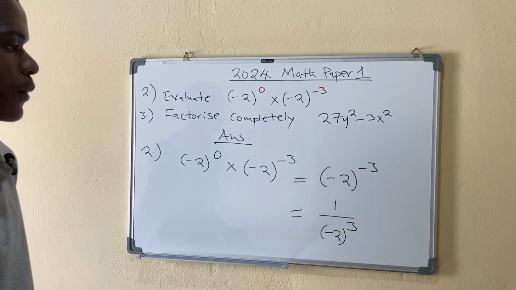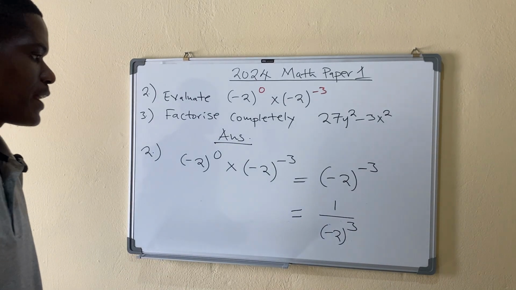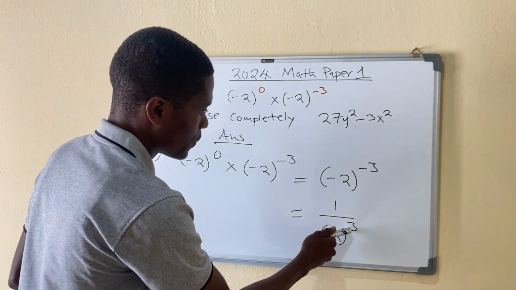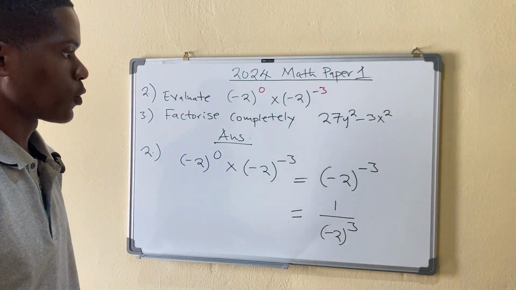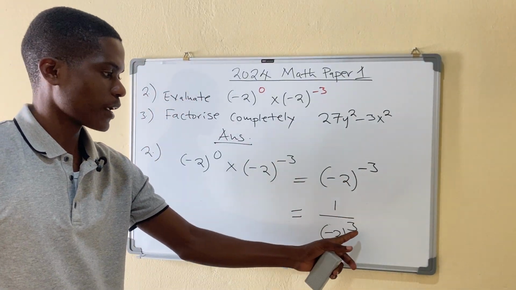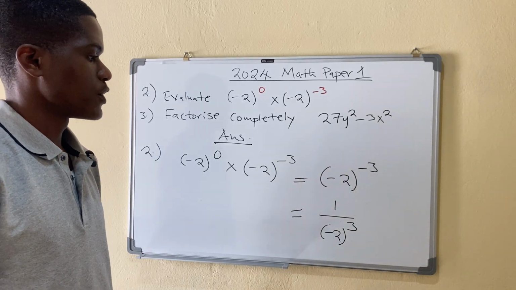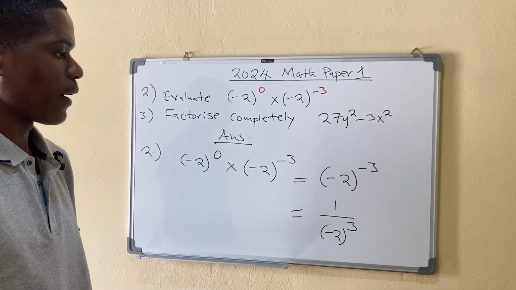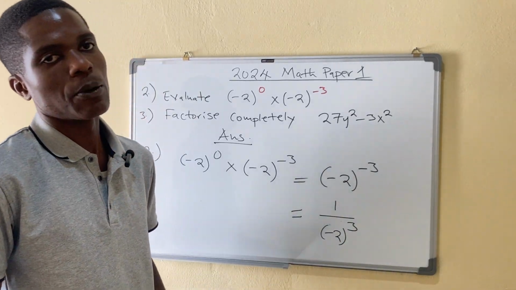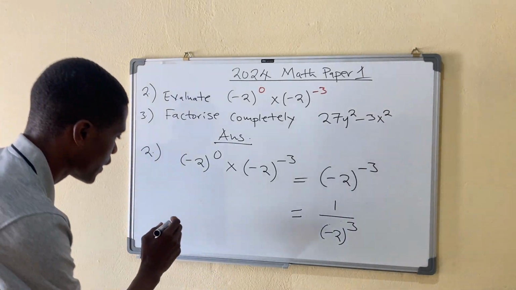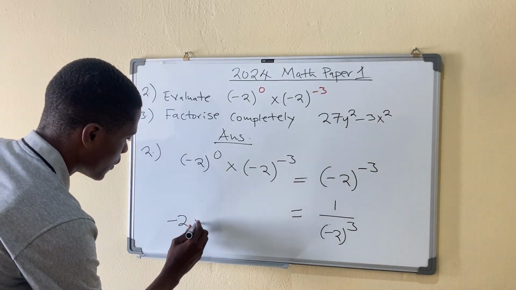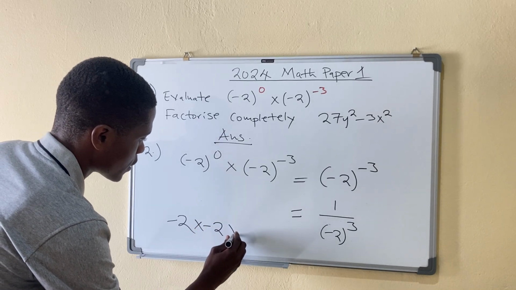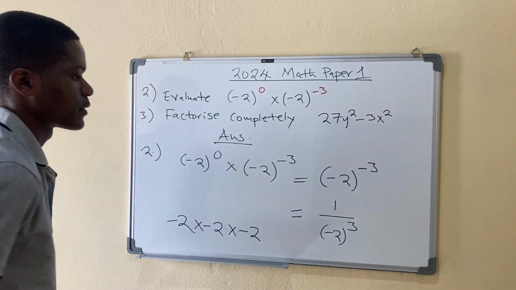So it's reciprocal, implying that whenever you take this from the top, the power changes to become a positive when it goes to the denominator. Now, we understand what a positive power implies. Whenever you see -2 raised to the power 3, what it implies is you multiply -2 by itself 3 times.